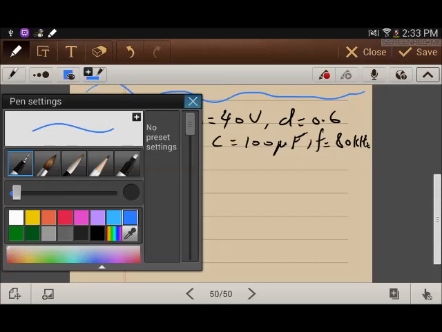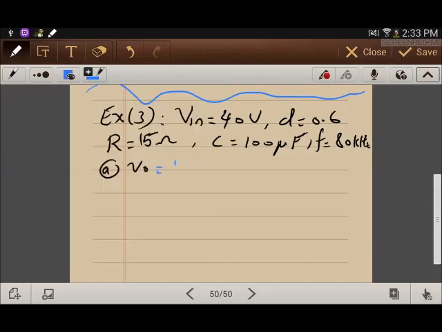So to find V out, it's Vn multiplied by D, so it's 0.6 multiplied by 40, I will get 24 volts.